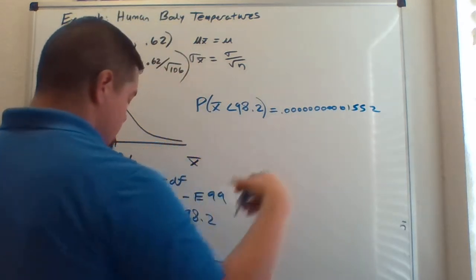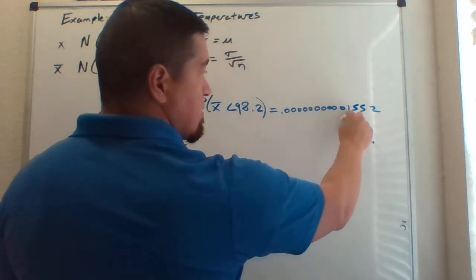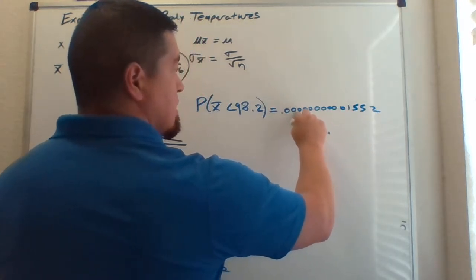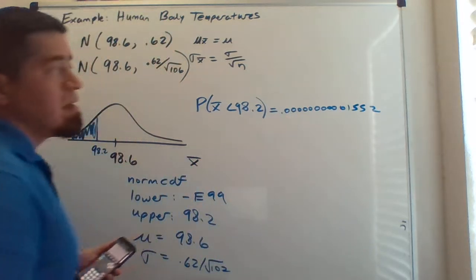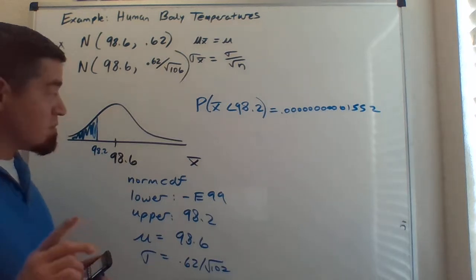On your calculator, it shows up as 1.552 e to the negative 11, so that means move this decimal over 1, 2, 3, 4, 5, 6, 7, 8, 9, 10, 11 times. Basically, very, very close to zero, very small number.